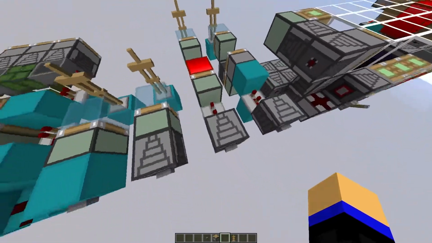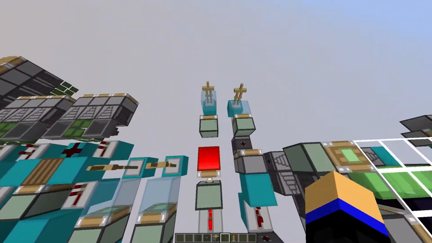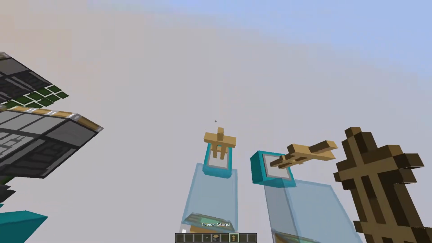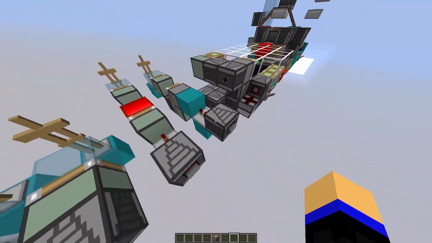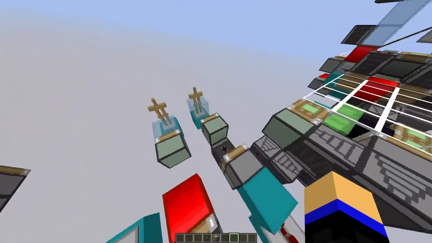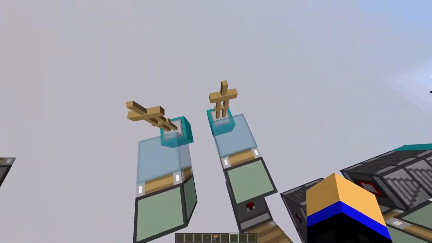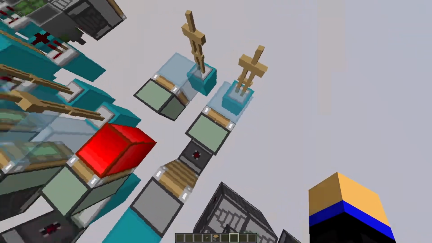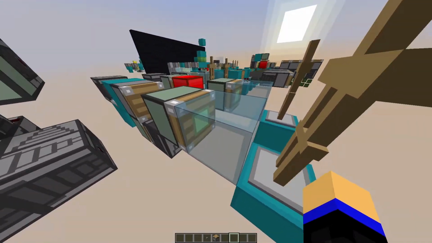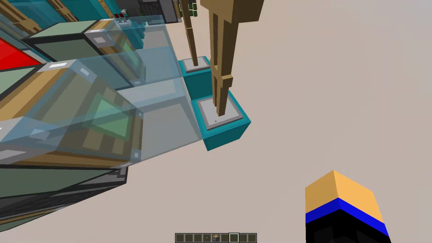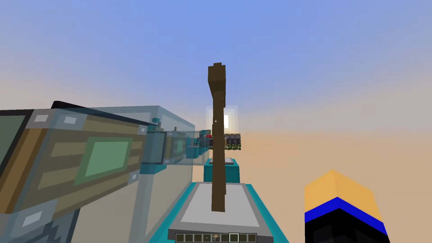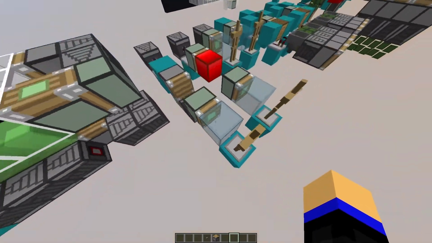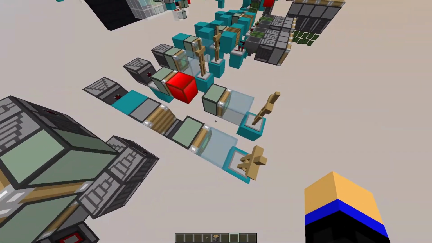But if you 0 tick the piston, then it doesn't even move. The armor stand never moves if it's given a 0 tick pulse, because the block basically just instantly gets into the position of this block right here. So the armor stand never moves.